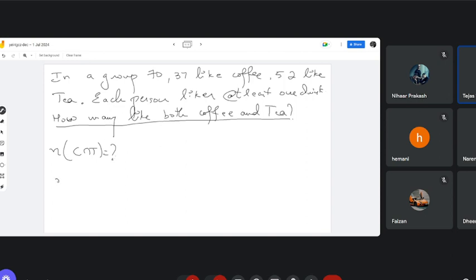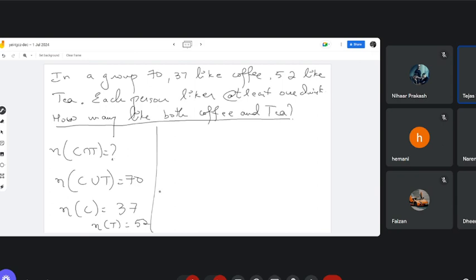In the group, meaning C union T, coffee union tea will be 70 people. Now there might be some people who like both of them, but it's fine. They still fall under the union. The number of people who like coffee is given to us as 37. The number of people who like tea is given to us as 52.